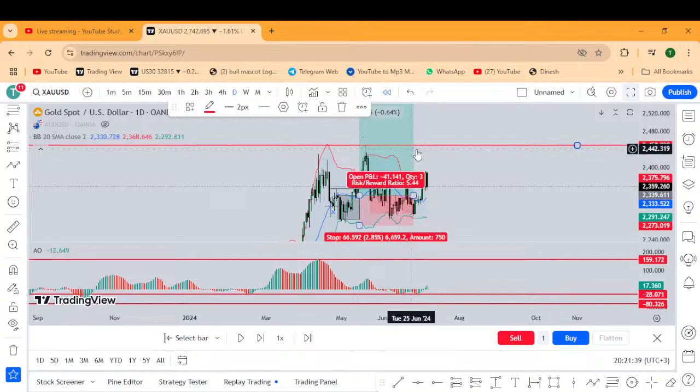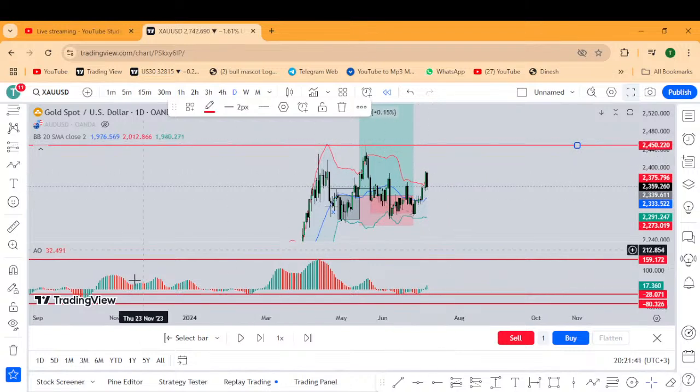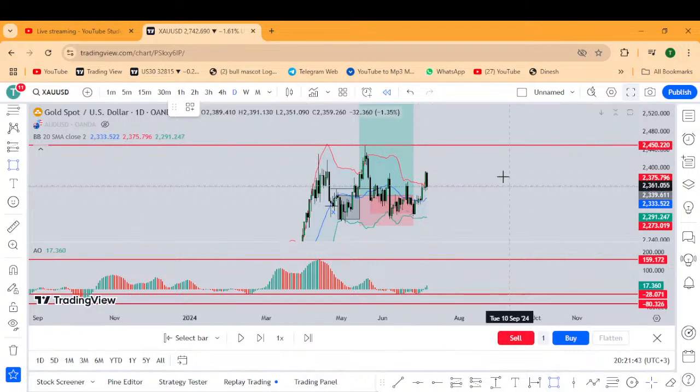I mean, not just by wick, but after a candle closing above it, something that looks like this. We want to see a candlestick closing above this. Then we shall start looking for our buy zones, I mean, areas where we can again buy the market from. So let's continue.